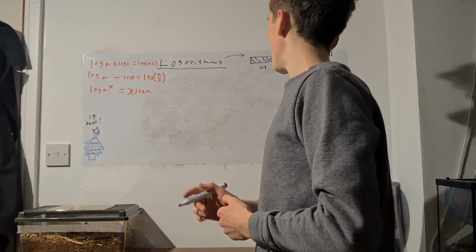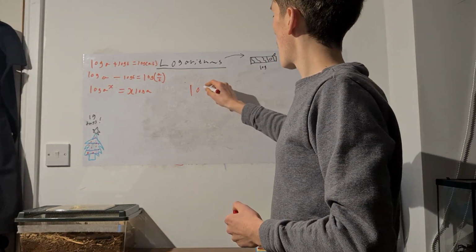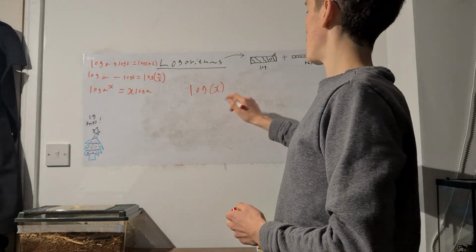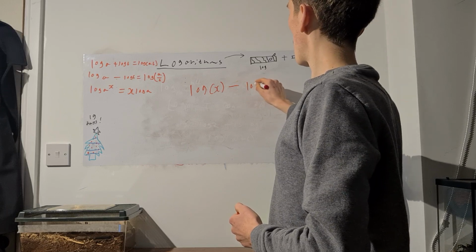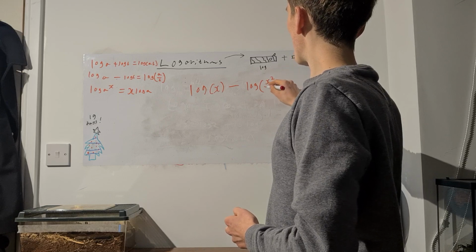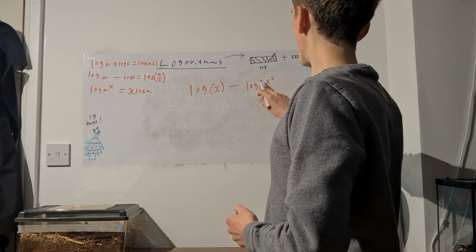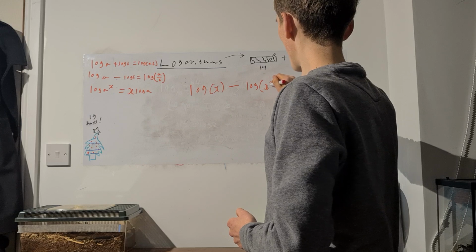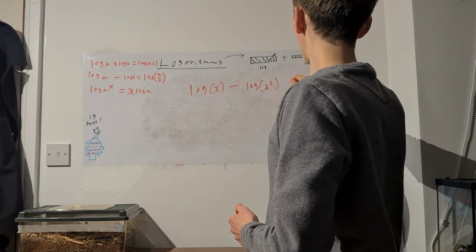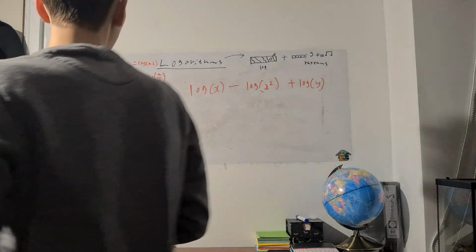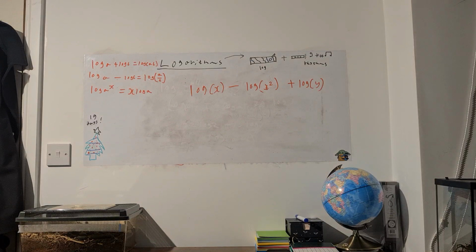So if I was to have, say, log x, these are all to the base 10, the default, minus log x squared, plus log y. So you have log x minus log x squared plus log y.